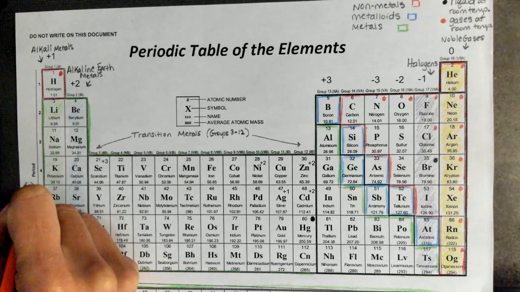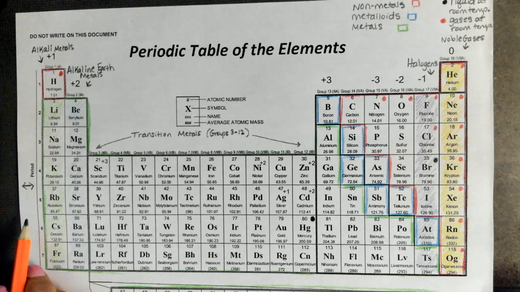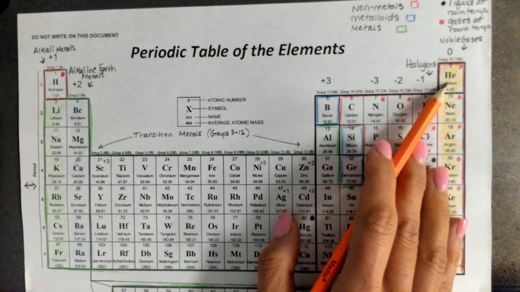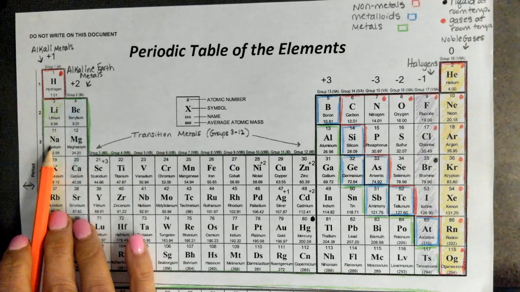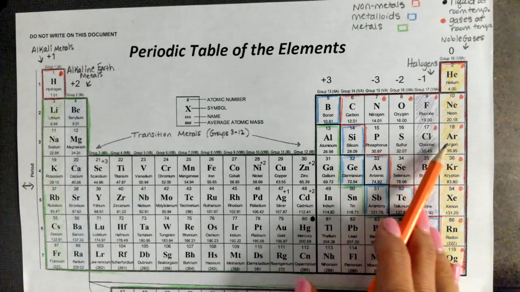So that might be something you'll want to write on your periodic table. Okay? So if I said what elements are in period 1, you would tell me hydrogen and helium. If I asked you what elements are in period 3, you would say sodium, magnesium, aluminum, silicon, and so forth.